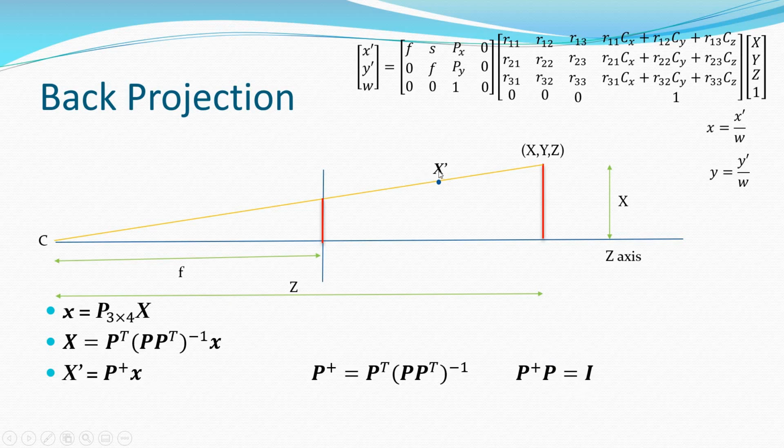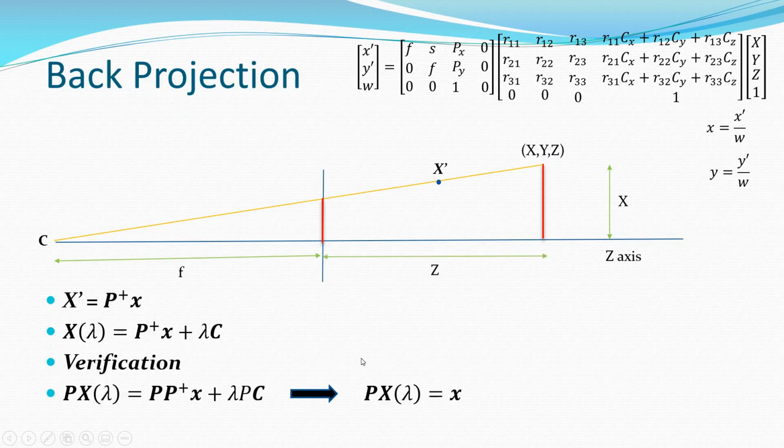So we have got one point x dash which is on this line, but it is not necessarily the point that we want. We want this point. It turns out that it is impossible to get this particular 3D point by using only one camera.